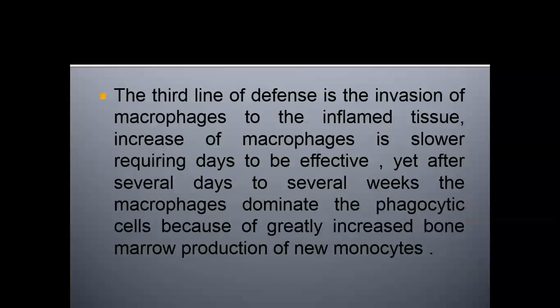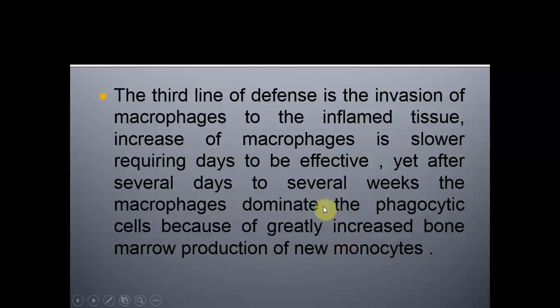Now, what's the third line of defense? The third line of defense will be the macrophages invading the tissue. As we said, monocytes are already present inside the blood. They are going to move outside the blood, inside the tissue. They are going to enlarge, swell, become active, and are called once again tissue macrophages.